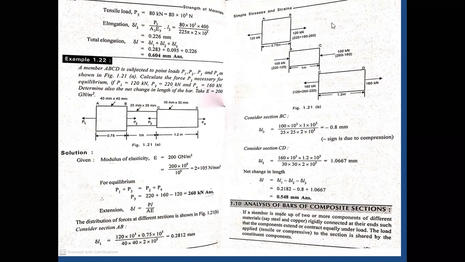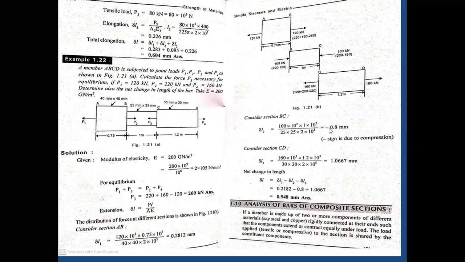If the specimen has a tensile load, we give a positive sign convention. If the specimen is under compressive load, the sign convention is negative.